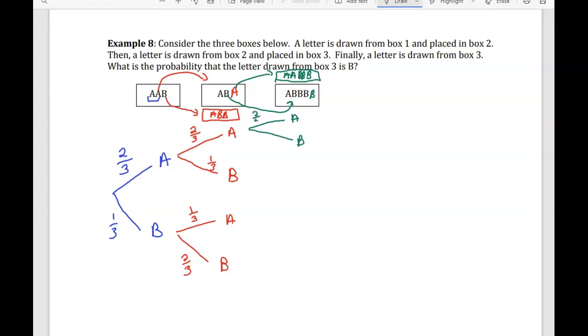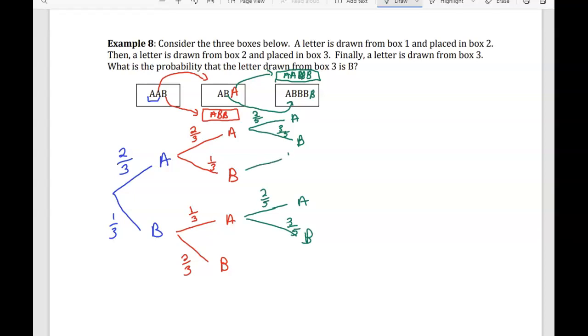So that's 2/5. If we drew a B, that would be 3/5. And that's no matter which A we drew. That would be 2/5 and a 3/5.